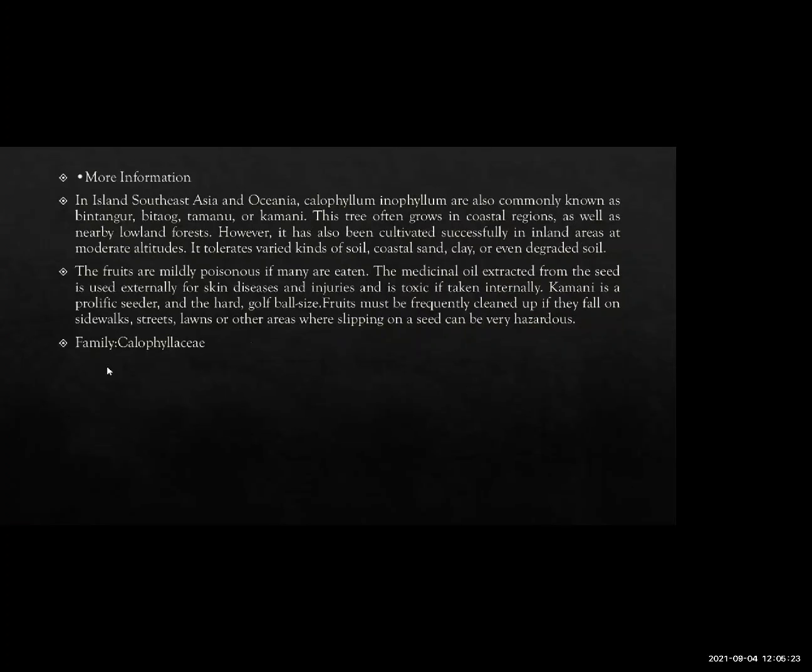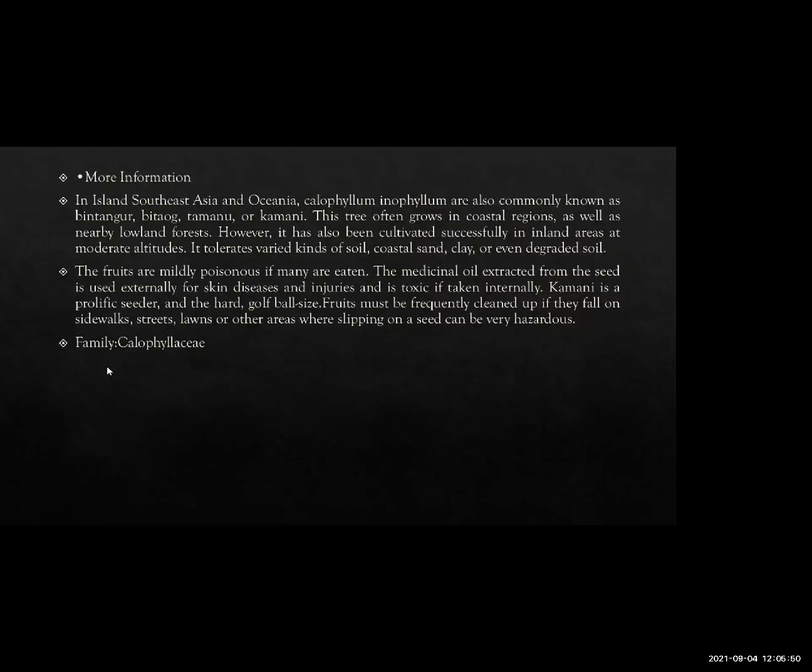The bark can also be used to treat arthritis, while the latex has been traditionally used on skin to treat rheumatism and psoriasis. And a leaf extract is used to treat eye infection as an anti-inflammatory. The stones of the fruit are used as marbles.